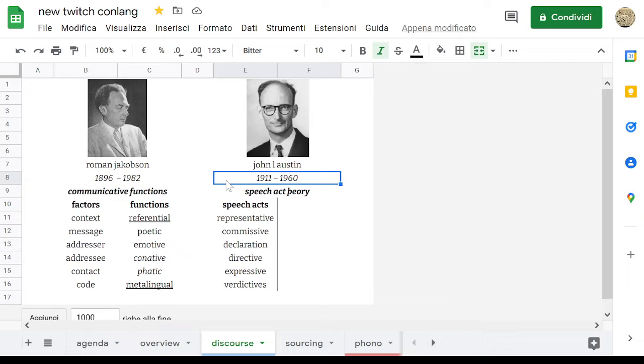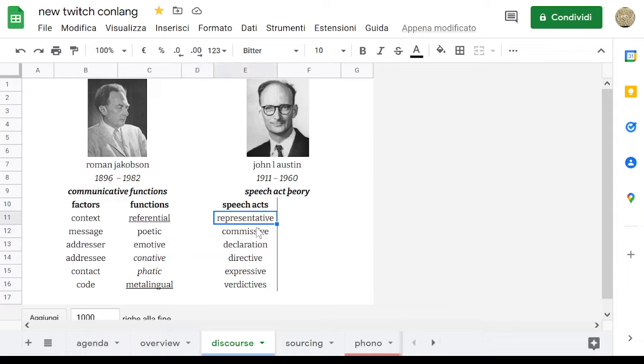So, what are the different speech acts? He came up with 6 kinds of speech acts, interestingly enough. It's 6 again, just like there were 6 functions of language for Jakobson, but they don't map perfectly to Jakobson's functions.